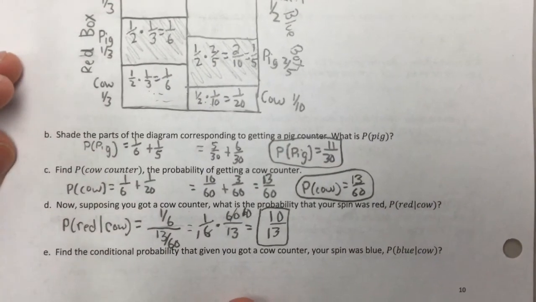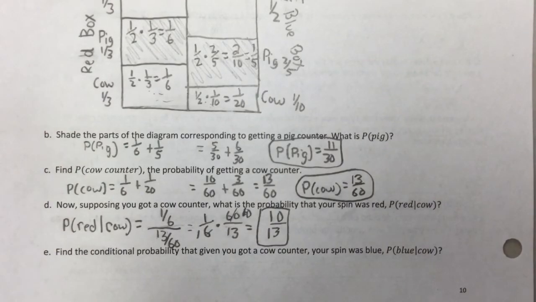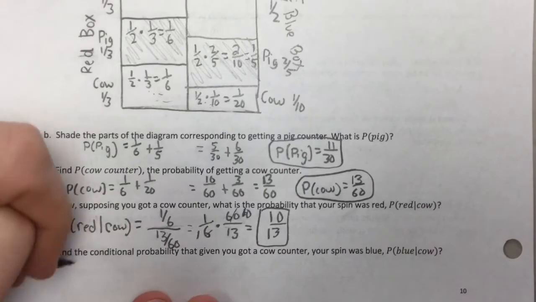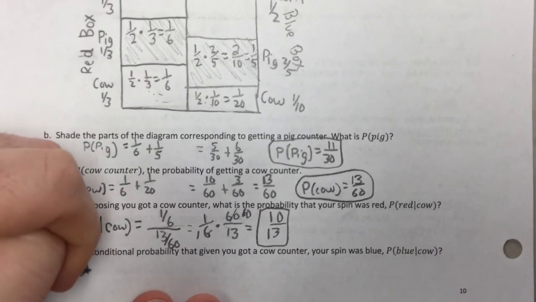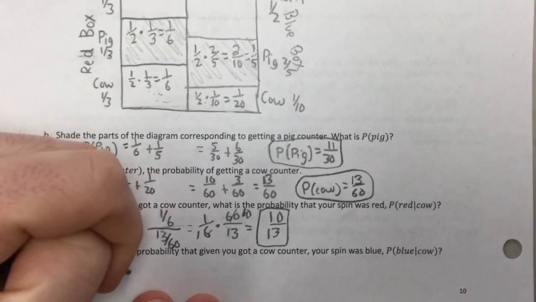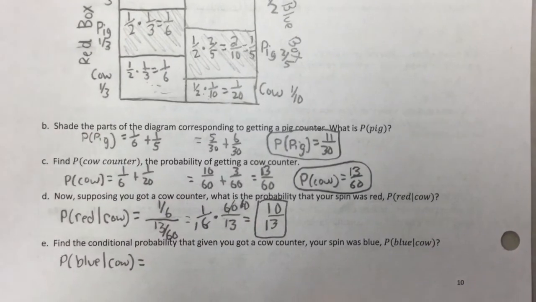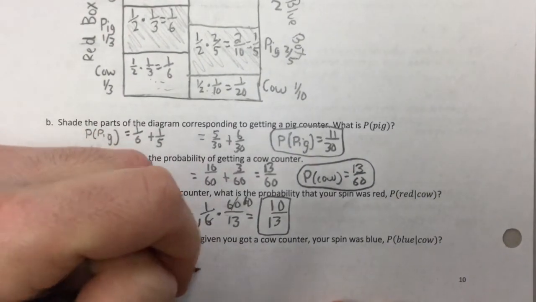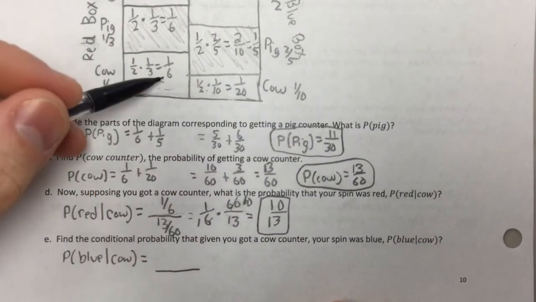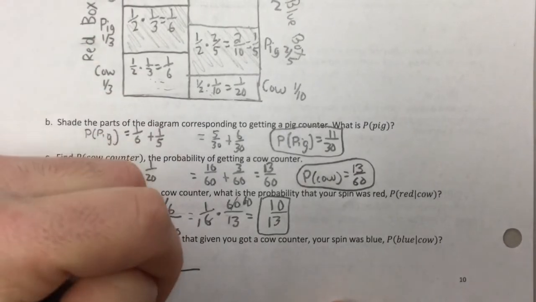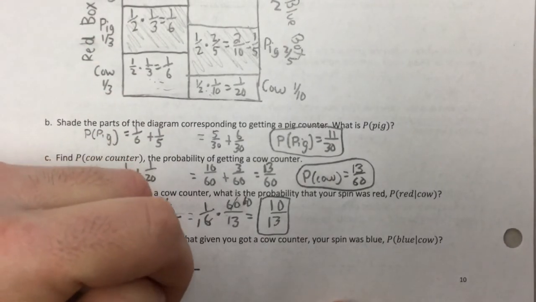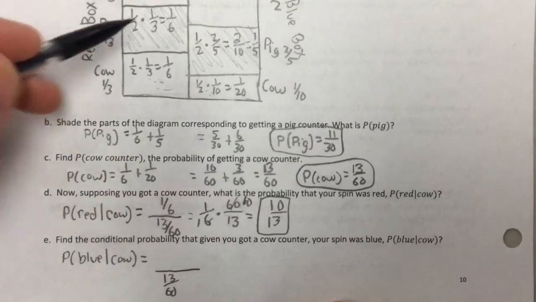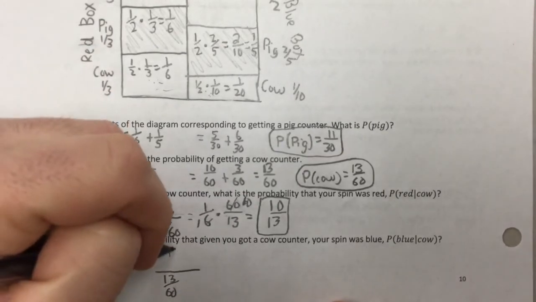Part E says find the conditional probability that given you got a cow counter, the spin was blue. So now we're doing blue given cow. So again, the denominator is the total area of anything that has a cow in it, which is right here and here, which again is that 13/60ths. Then our numerator is blue and cow together. Blue and cow is 1/20th.